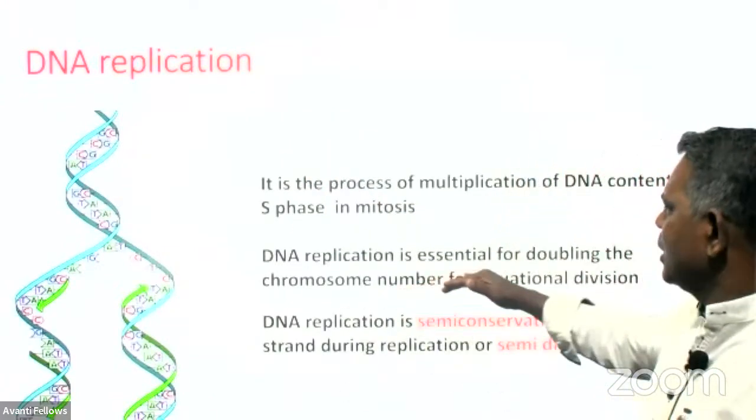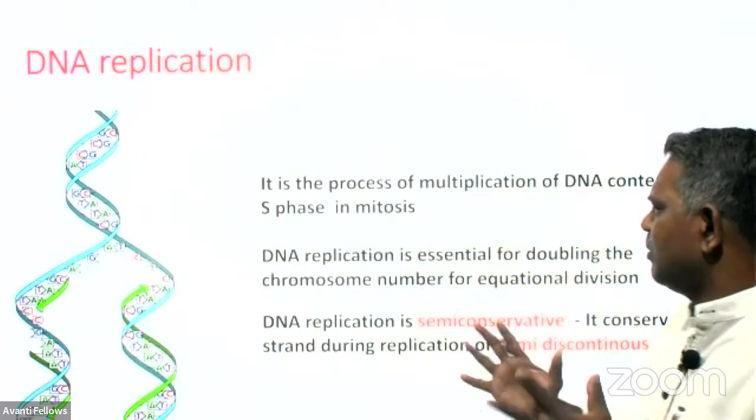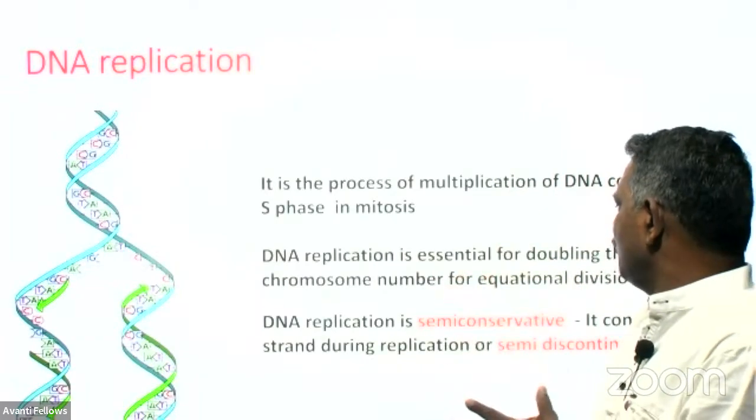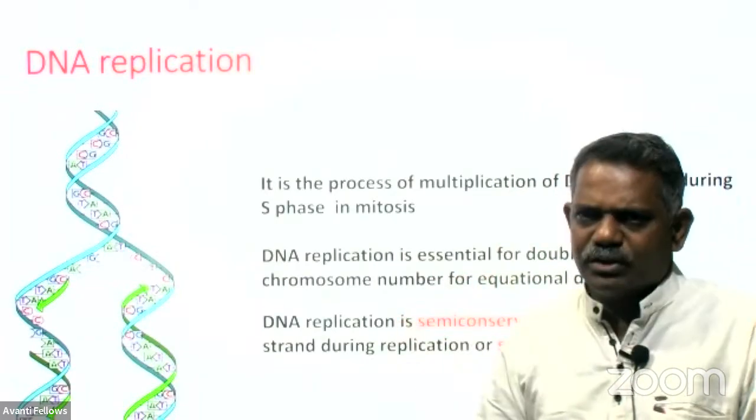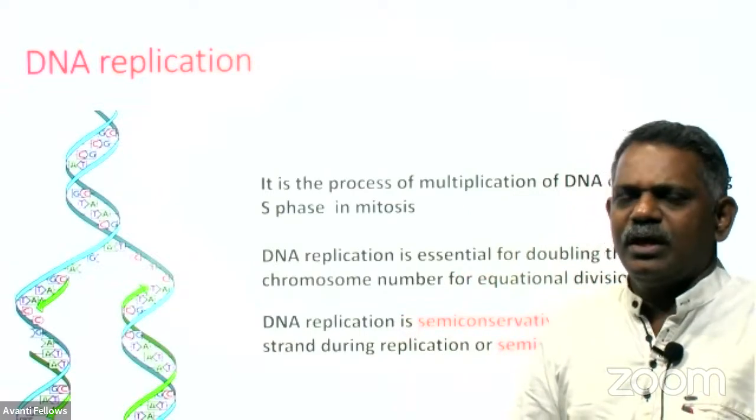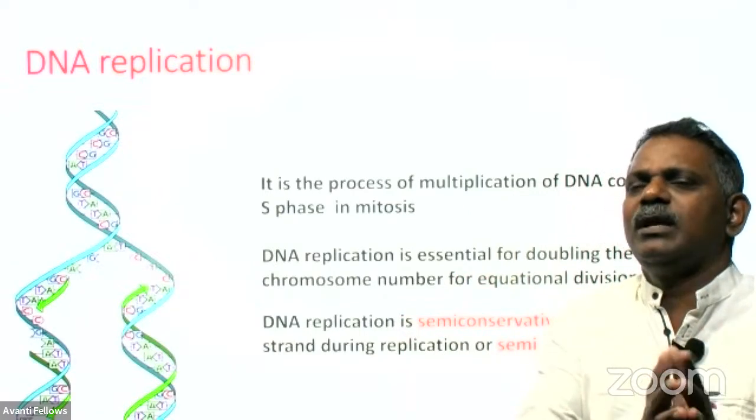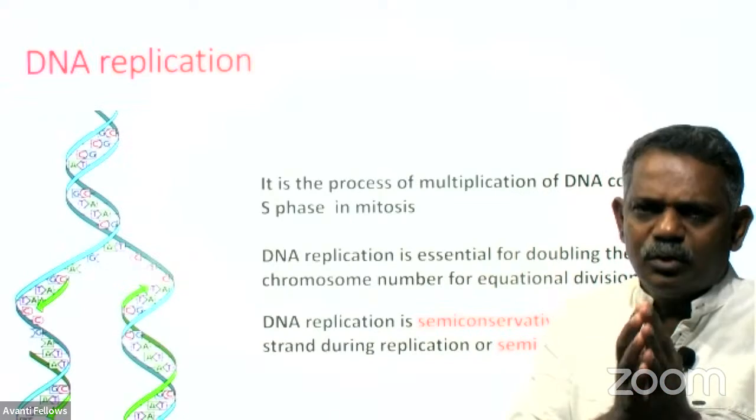And DNA replication is essential for doubling the chromosome number for the equational division. I told you yesterday, the total number of chromosomes in the human cell is 23 pairs.